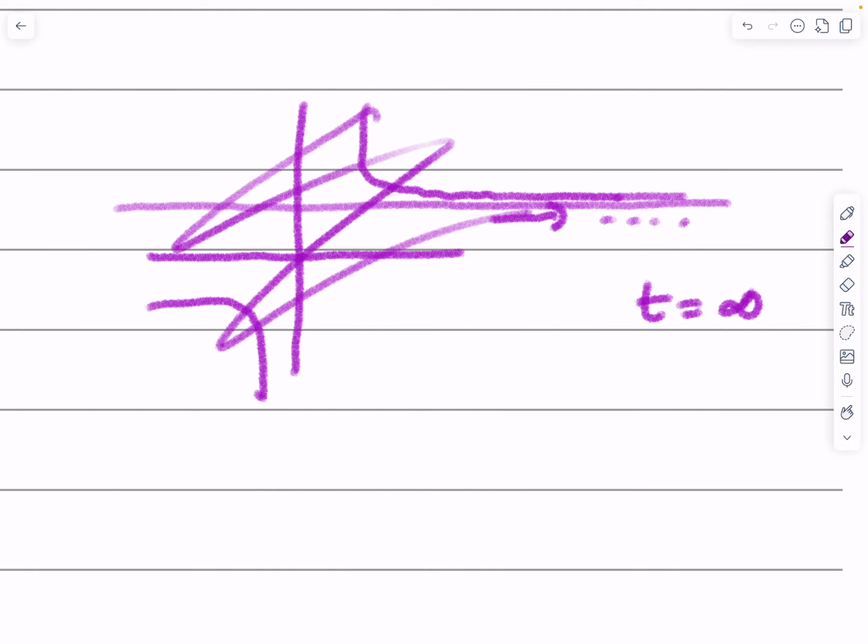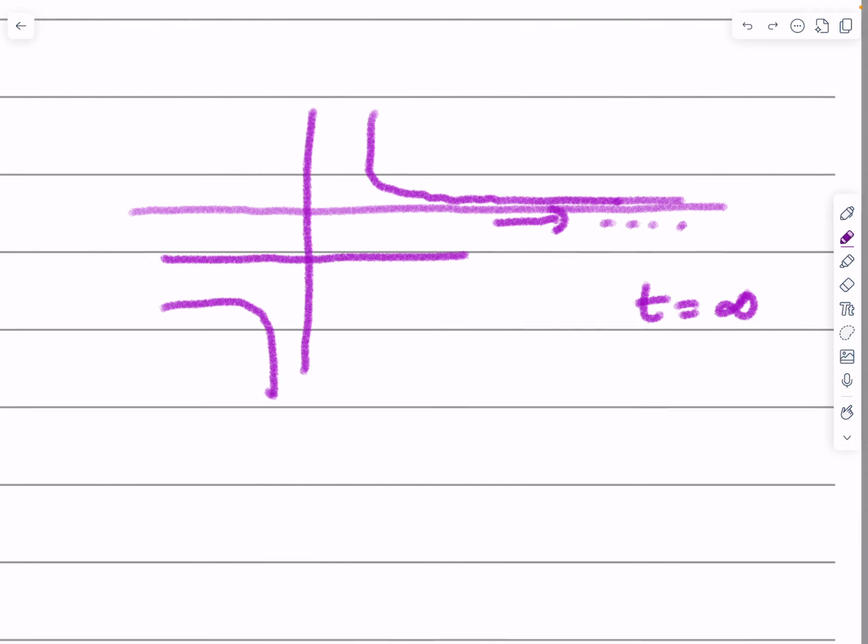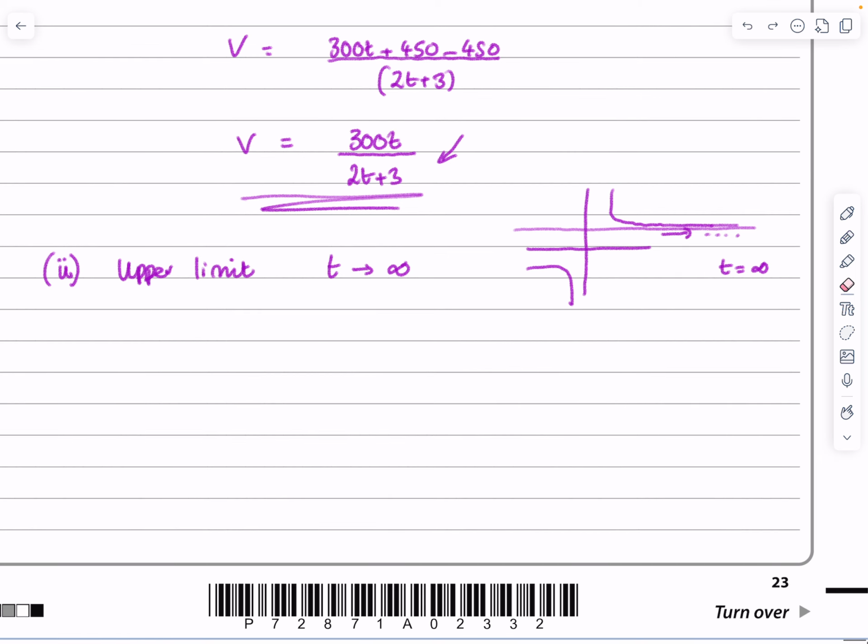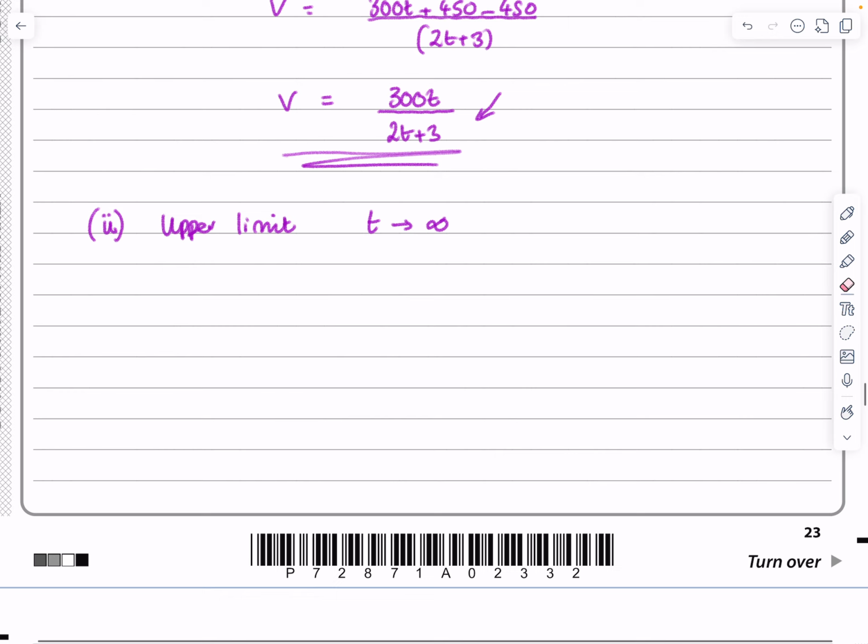The graph will not look like that, but just for the idea of what I'm about to do next, which is to say, if I want to find the limit then, if I put t equals infinity in, I'm going to put that into my v. Okay, so I get 300 infinity over 2 infinity plus 3. And then what I always say to my students is, adding 3 to infinity is going to make no difference now.